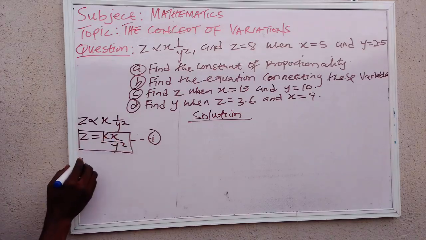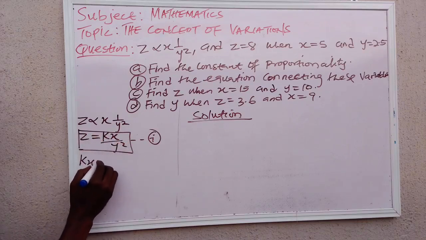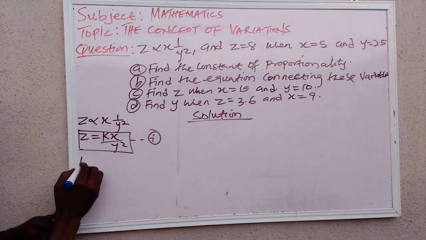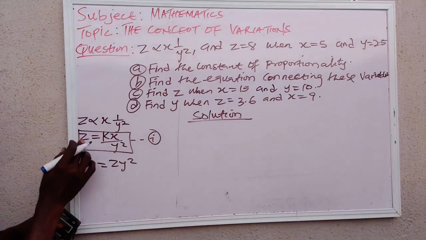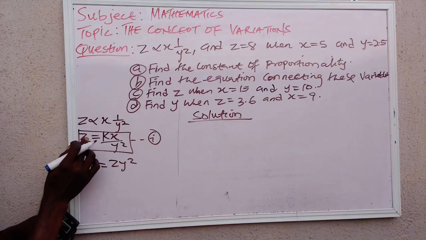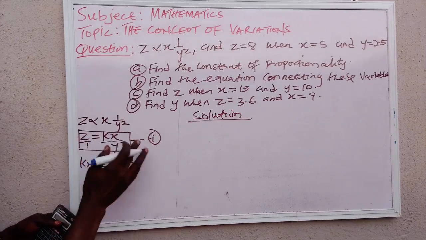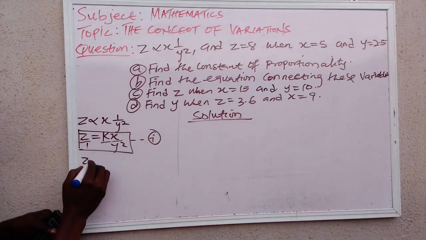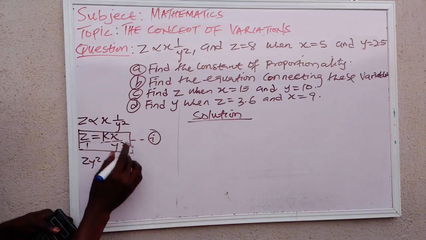Now, you make k the subject of the formula from here. So we cross multiply. If you cross multiply properly, you have kx equals zy squared. If you put a 1 here, this times this will give you this times this. So z times y squared is zy squared equals 1 times kx, which is kx.